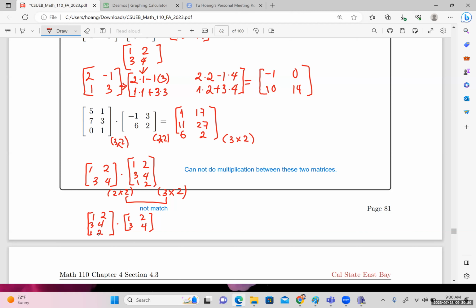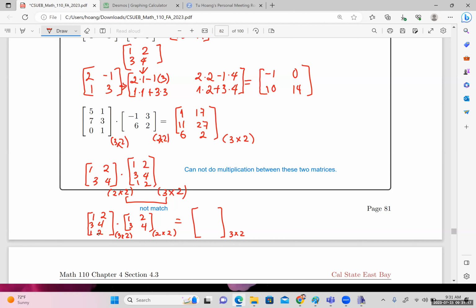So this one is going to be 3 by 2. This one is 2 by 2. So we will have the answer as a matrix 3 by 2. Okay, so that means we still can do multiplication between two matrices in this case, right?